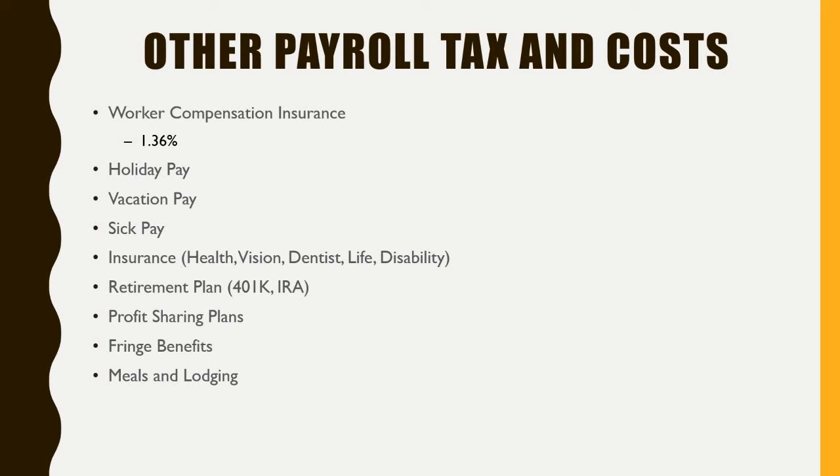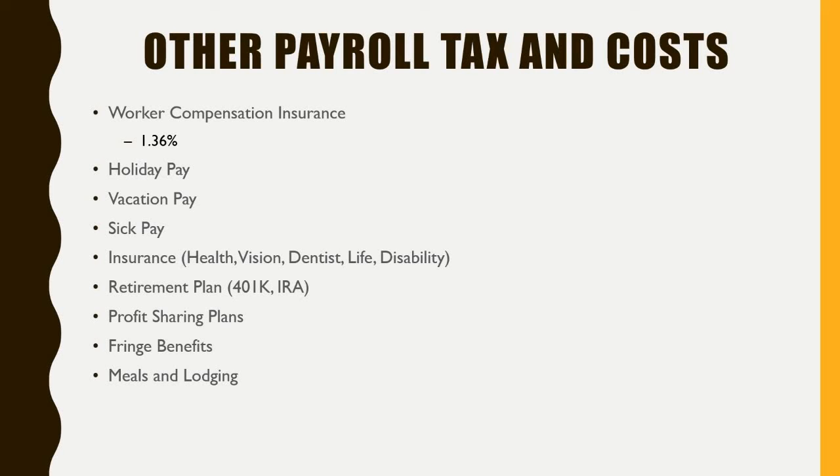In the state of Nevada, you are required to pay into workers' compensation. Now, workers' compensation is going to depend on the intensity of the level of the labor. So what is workers' compensation?